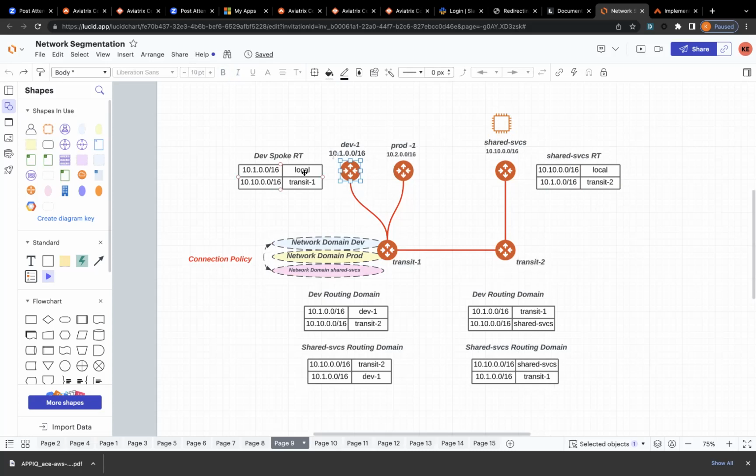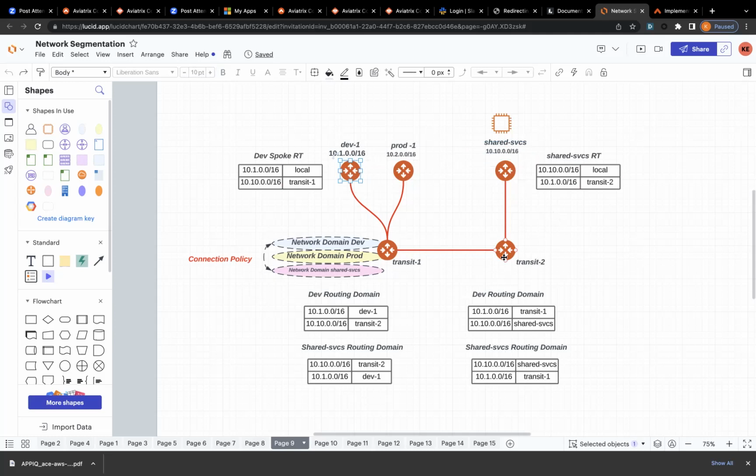That's always going to be the case. But now it has 10.10, which is the CIDR range of the shared services. And if you look at the shared services gateway, it has the route to 10.10 as itself, but it has the route to 10.1 via transit 2. Okay, so it's like you're leaking the routes between multiple VRFs.